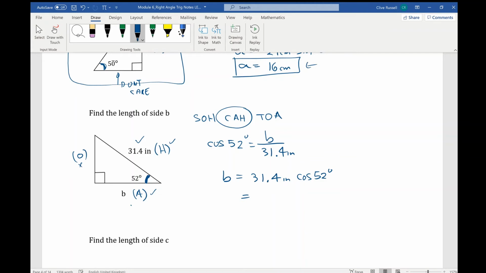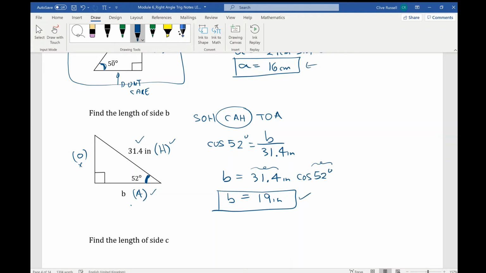And if you plug that into your calculator, you're going to get B is 19 inches. Now notice that I've rounded my final answer correct to 2 significant digits. Why is that? Well, this length has 3, but the angle has only 2, so we use the minimum, so it has to be 2 significant digits.